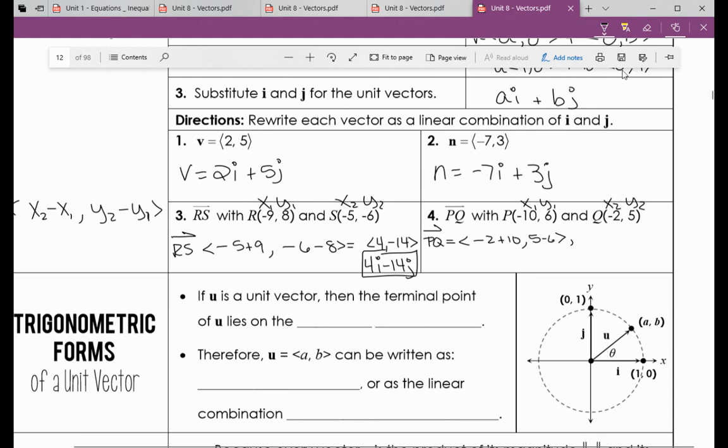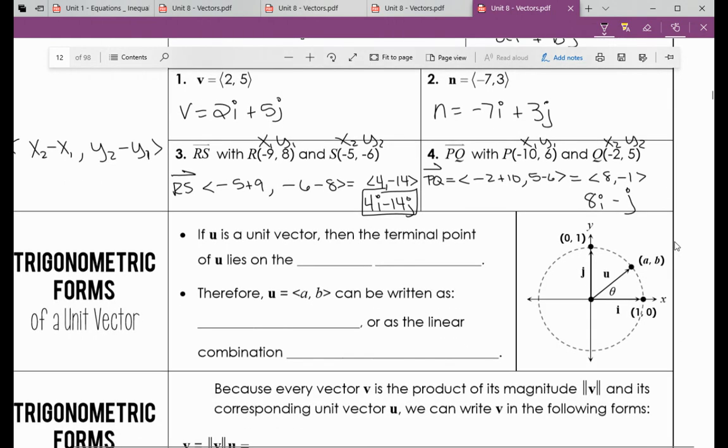So my component vector would be 8, negative 1. My linear combination would be 8i minus j, understood to be a 1 right there. Okay. Any questions about any of that, please let me know.